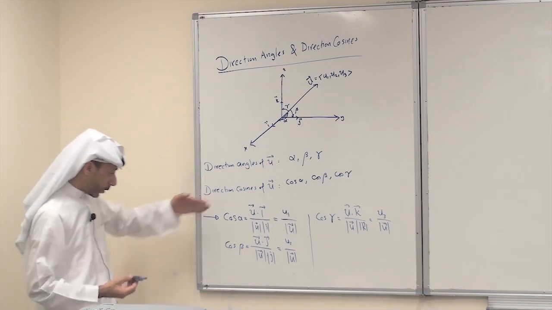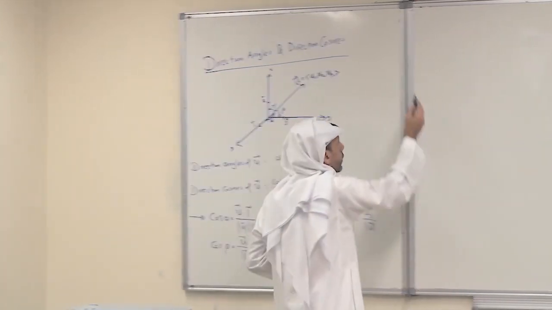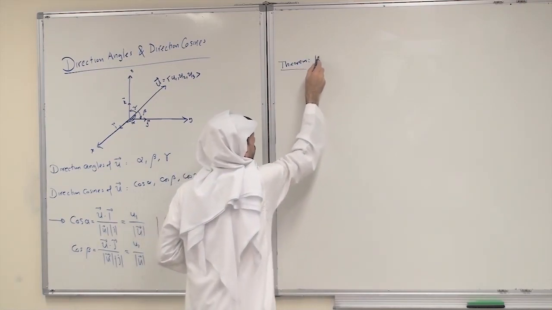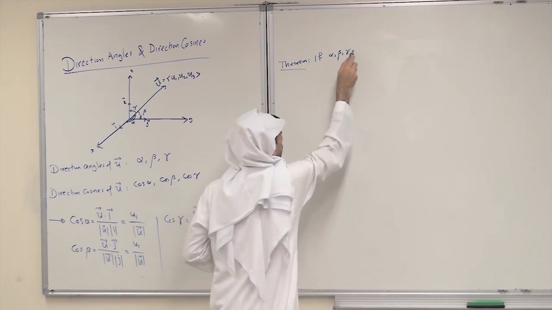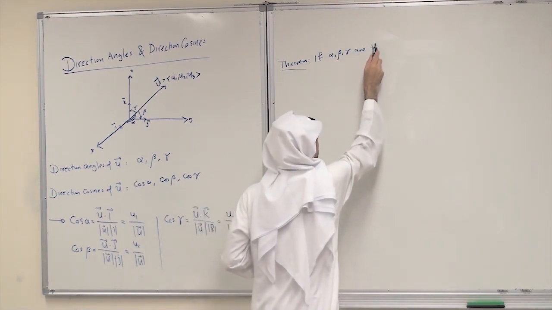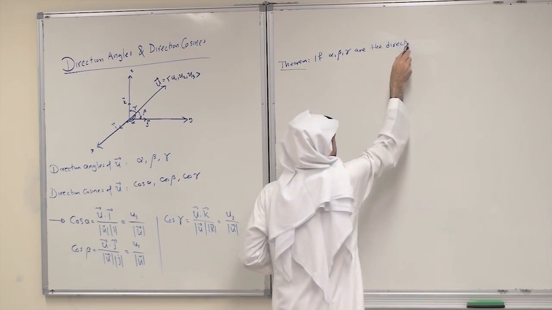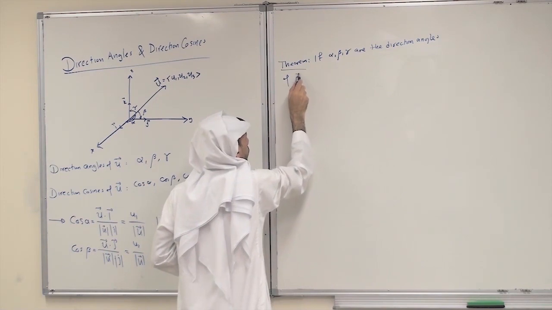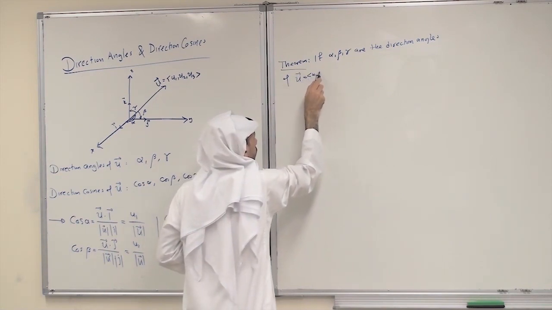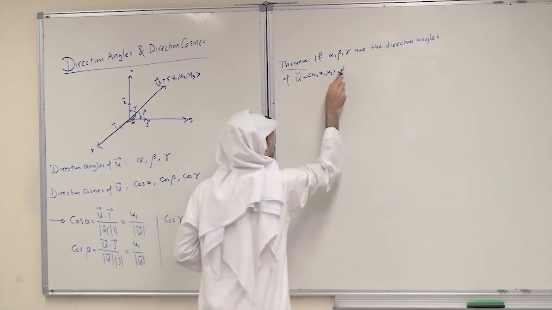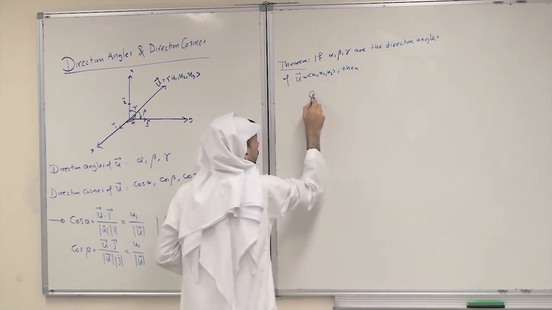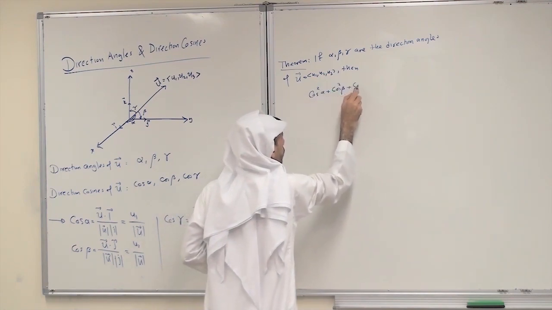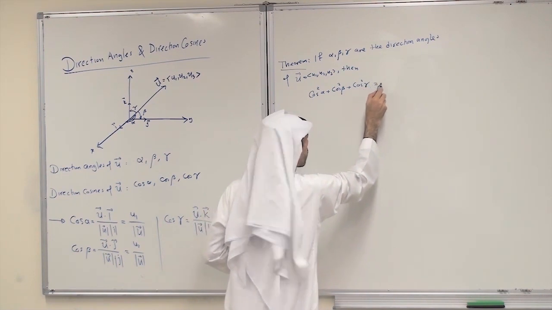There are some properties between these, which we write in a theorem here. Theorem: if alpha, beta and gamma are the direction angles of the vector u = (u1, u2, u3), then in fact cosine squared alpha plus cosine squared beta plus cosine squared gamma equals 1.